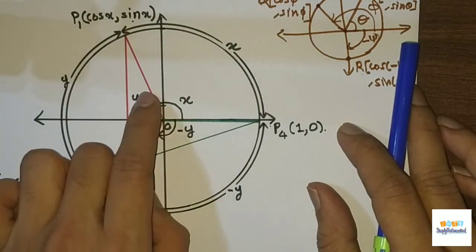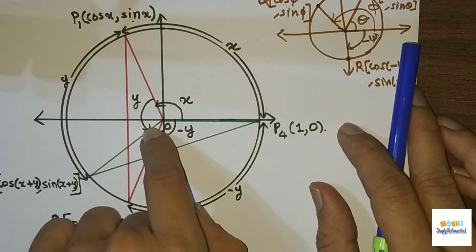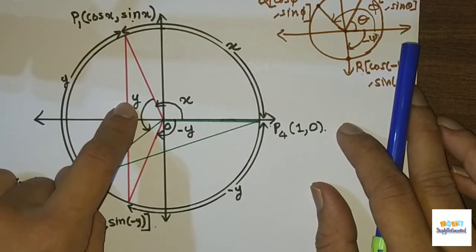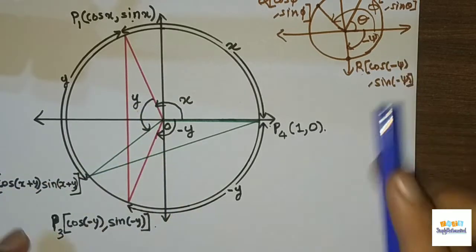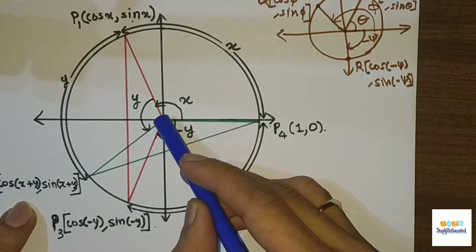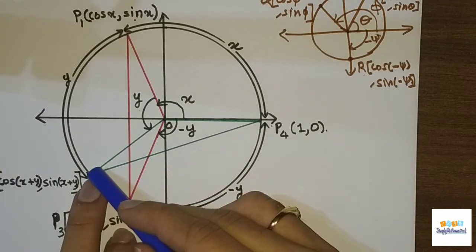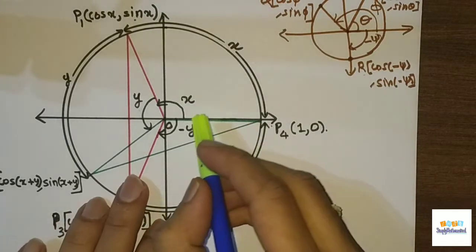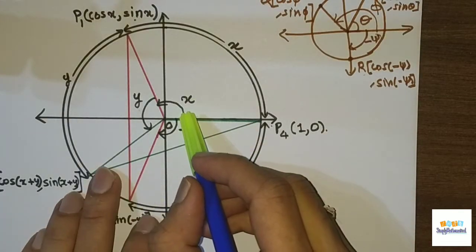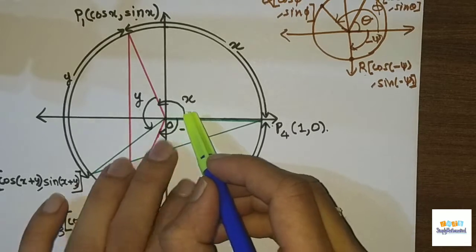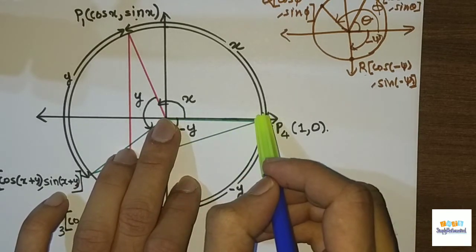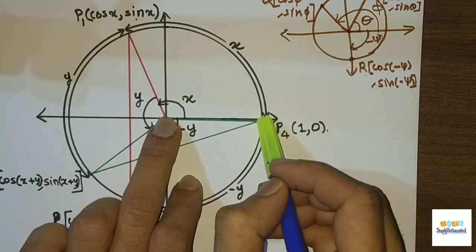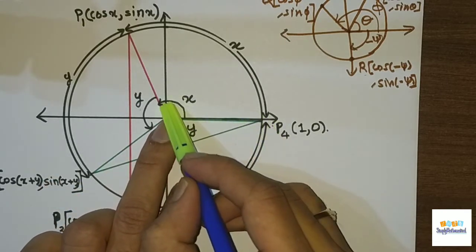Now from here you are going in this direction, anti-clockwise, with the measure of angle as y. So the terminal side will be here. One very important thing is that whenever you measure an angle, you measure it from the positive side of the x-axis. So this is the angle x.